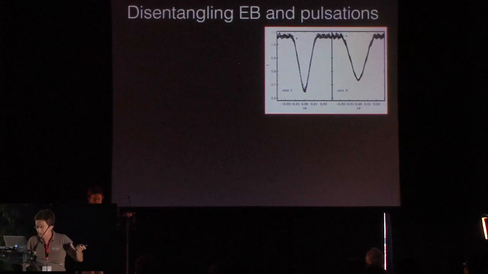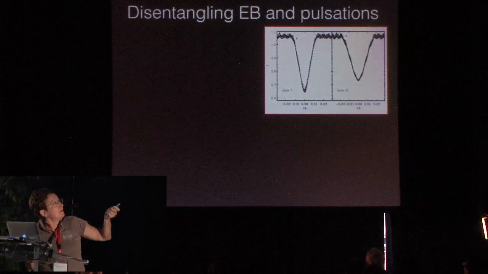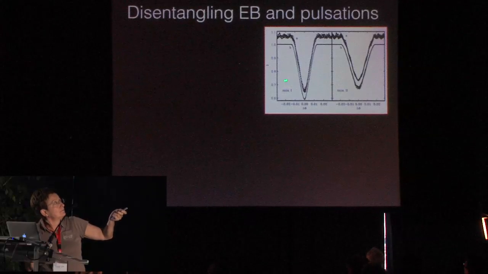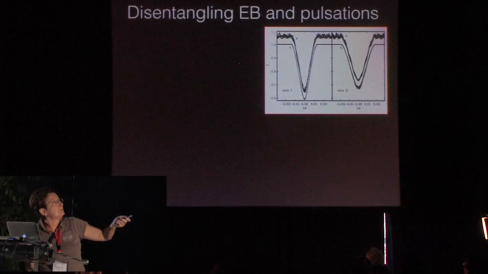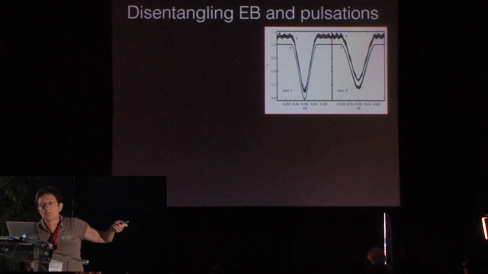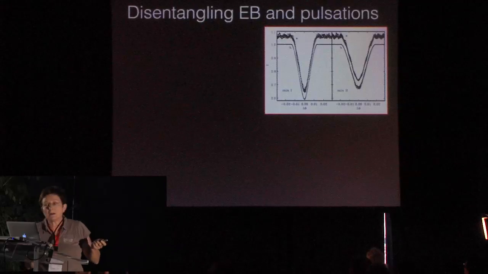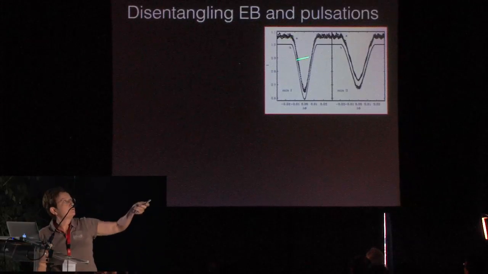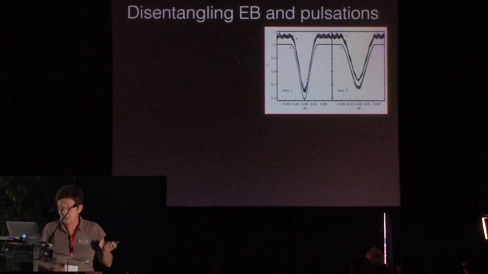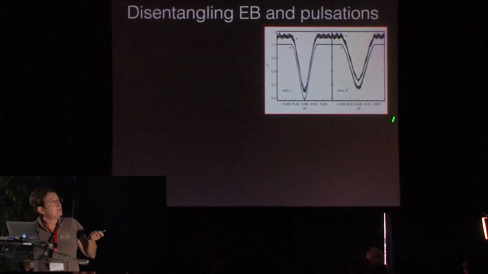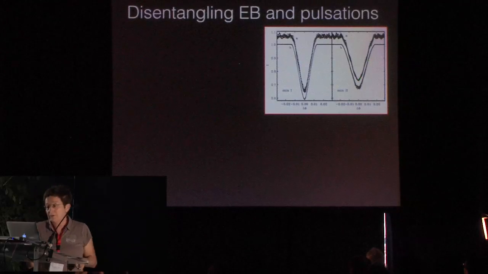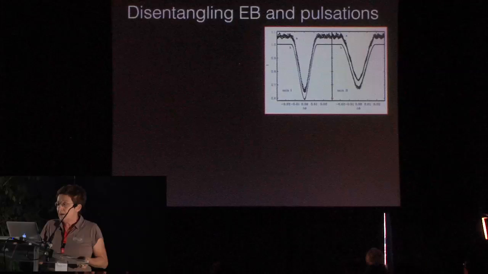you do the subtraction, and this improves the primary minimum. You take out the pulsations, but the secondary minimum gets worse. Why that? Because actually this is the eclipse of the pulsating star. We are taking out the same pulsation everywhere, and that is not correct. And this creates residuals and problems in the following analysis.